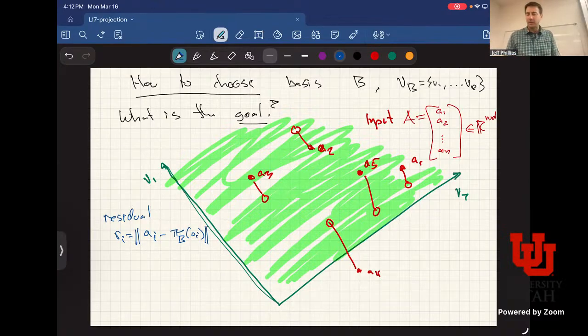Remember, this is the 2 norm. So that tells me this length here is R3, and this length here is R4. I want those lengths to be small. I want to find the subspace for a large number of vectors that is close to all of them. So how do I combine this together into a single goal, a single cost function?